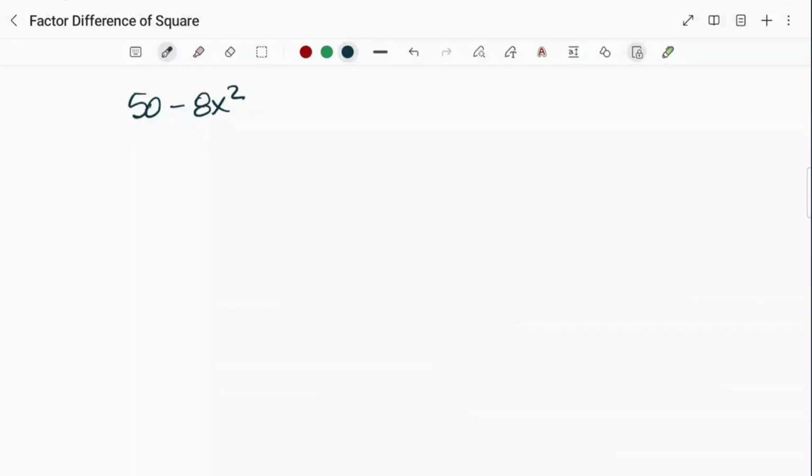Okay, guys, the following exercise doesn't look like the difference of the square, because the first term is not a square, and the second term 8 is not a square.